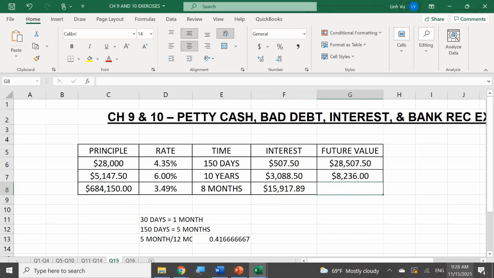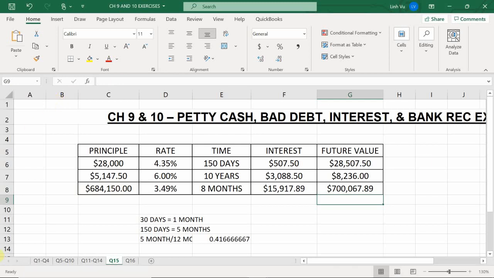Good. Making my future value become $700,067.89. Excellent.